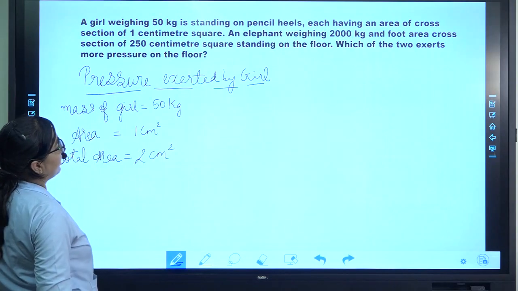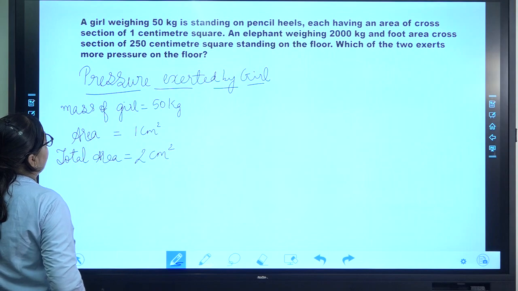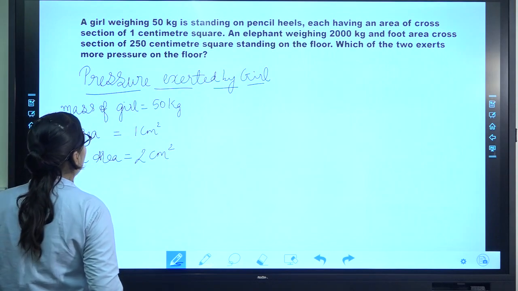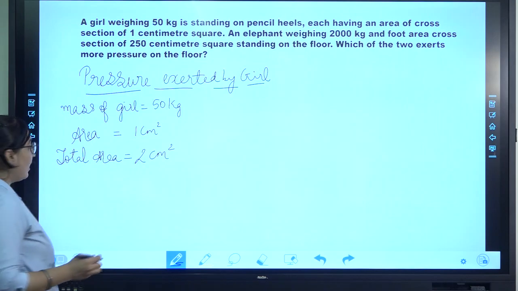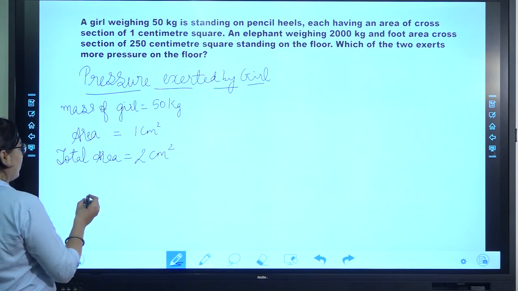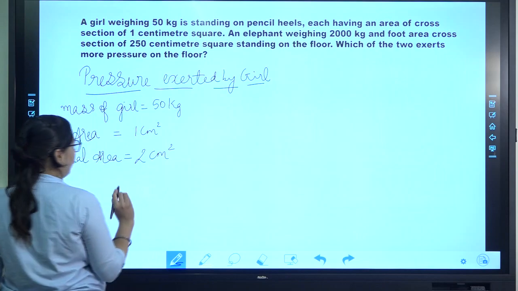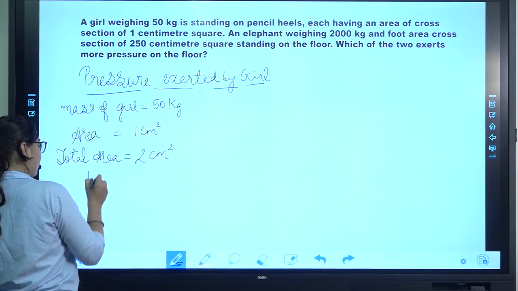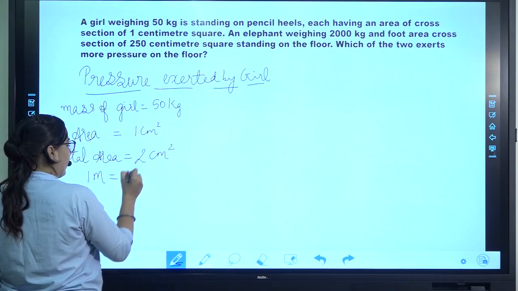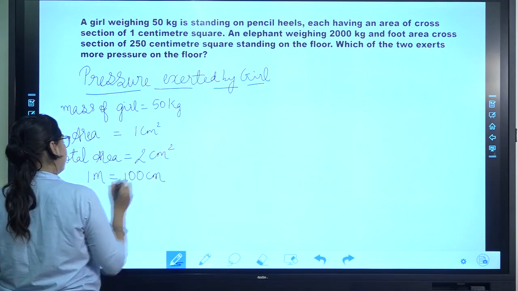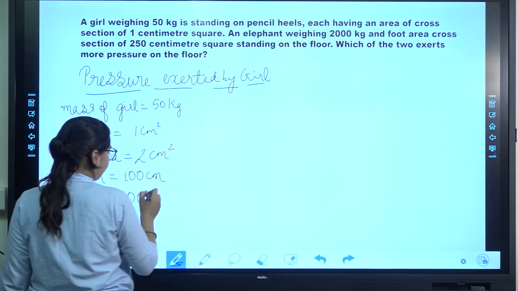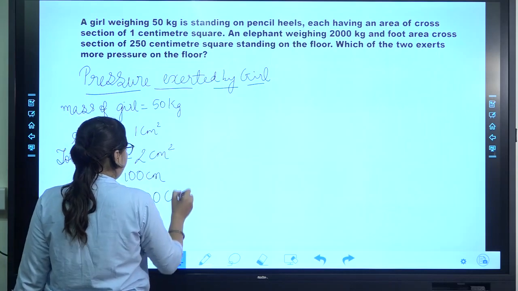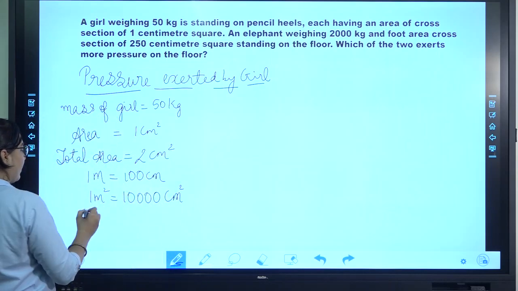Next, we need to find how much pressure both of them will exert. For that, first we need to convert this into meter square. 1 meter is 100 centimeter. 1 meter square will be 10 to the power 4 centimeter square.